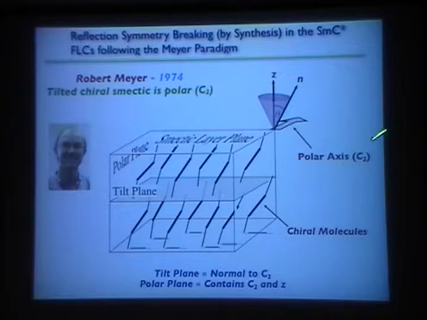Now, one of the nice things about C2 symmetry is it's polar. It's a polar symmetry, meaning that molecules with C2 symmetry have an electric dipole moment. Okay? And a phase with C2 symmetry also should have a macroscopic electric dipole. Okay? And that dipole comes from the chirality of the molecules, and enantiomers have equal magnitude but opposite sign of this macroscopic dipole.